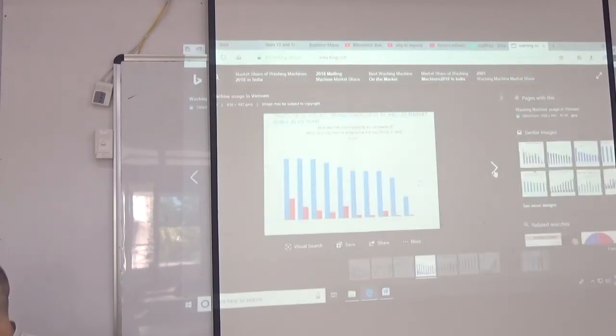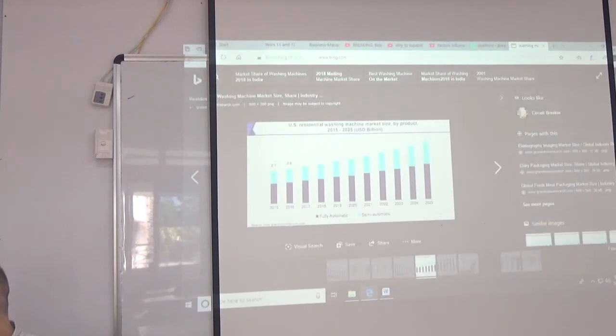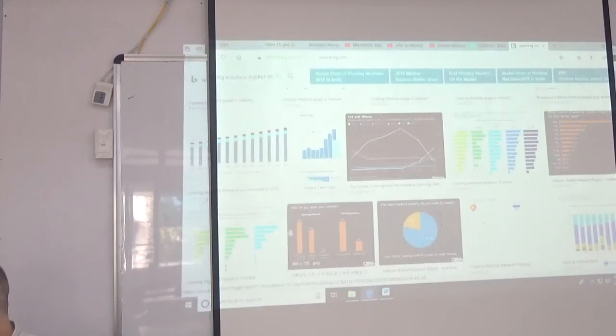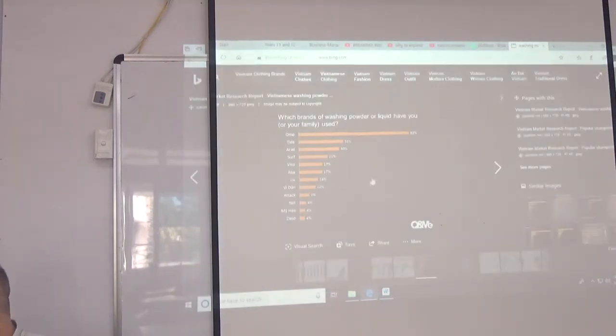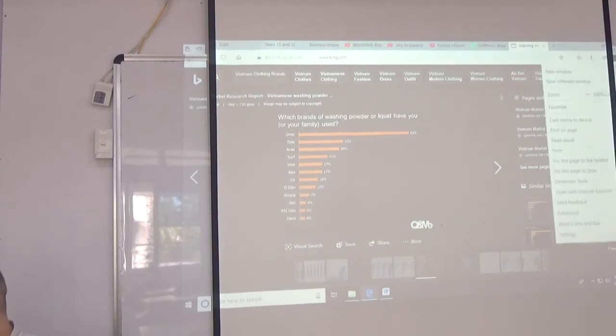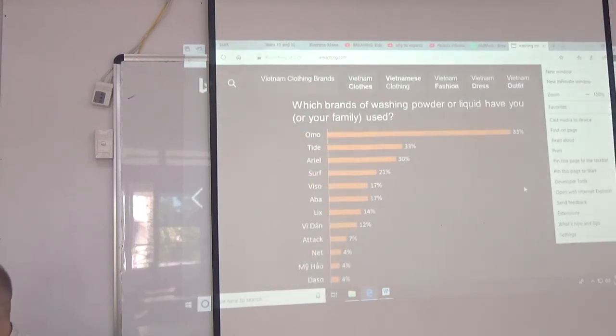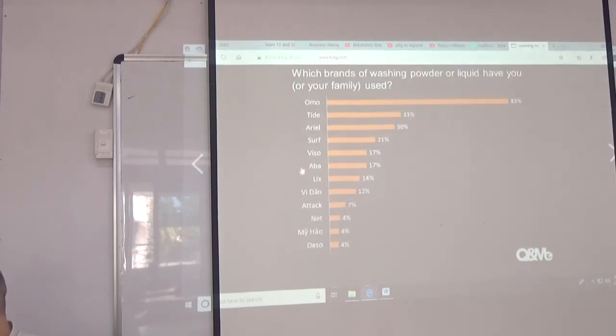You don't have to fight for these things so much. But the relevancy of the data is what matters to you. And look at that. Which brands of washing liquid are you using or have you used before?